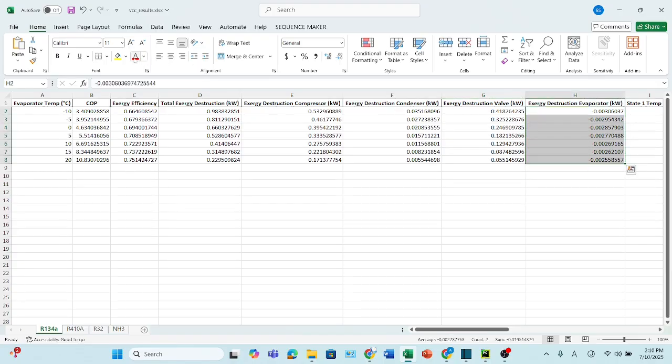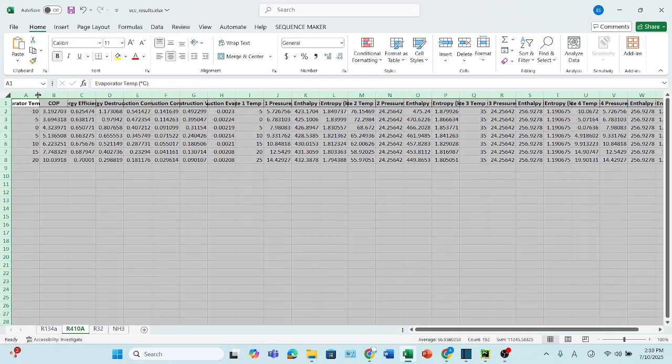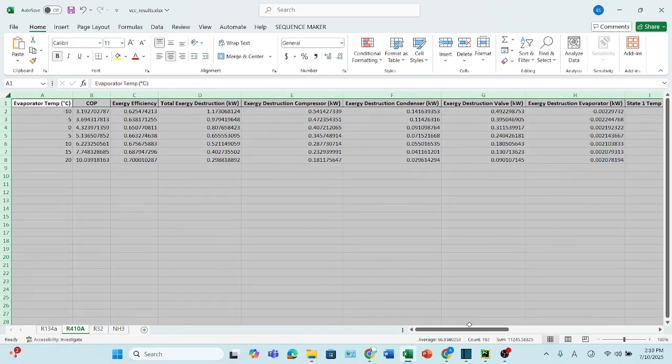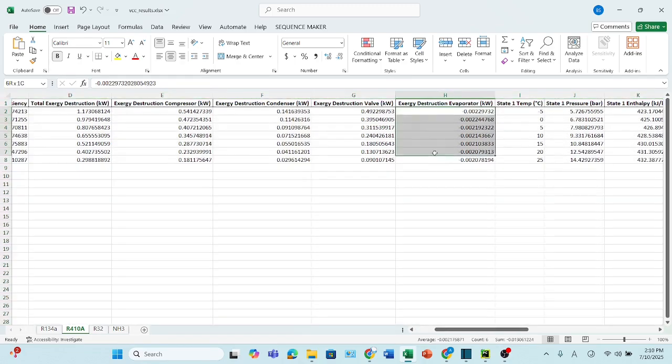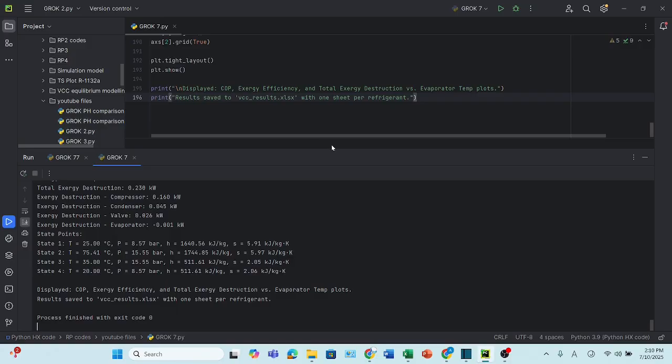But for the evaporator, the exergy destruction values are negative. Similarly, for all other refrigerants, we will check and see the exergy destruction values for the evaporator are coming out negative. So it means there is still some amendment needed in the code.